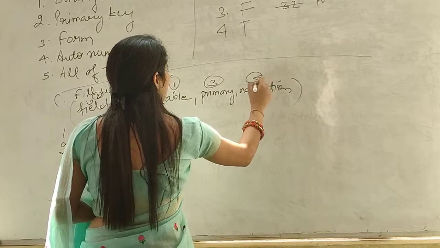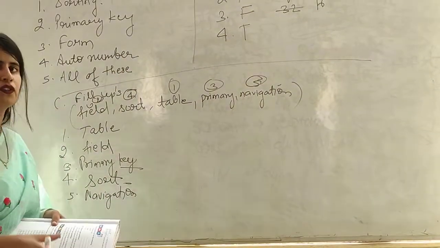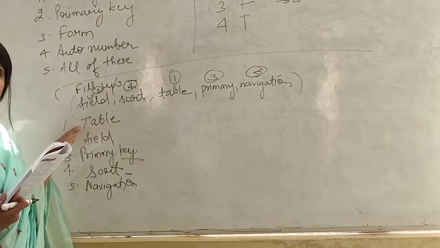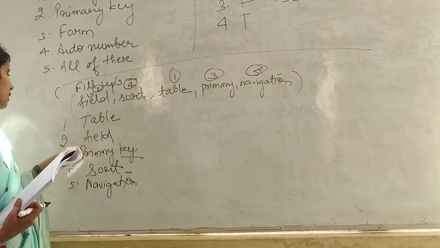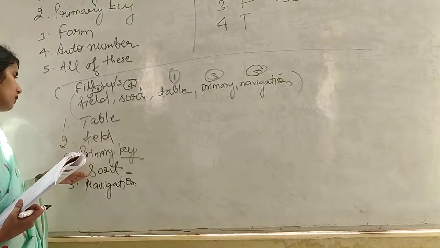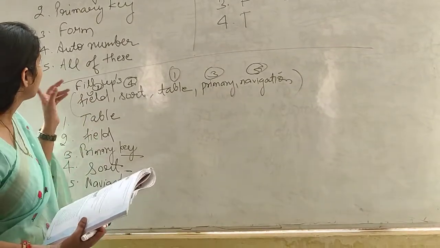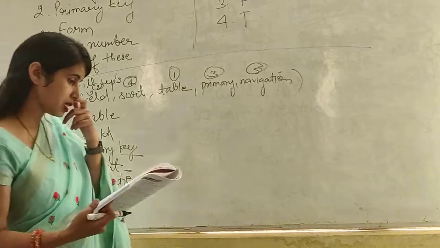The answer, navigation, is the fifth fill-up answer. The answers are following: first one table, second one field, third one primary key, fourth one sort, fifth one navigation.